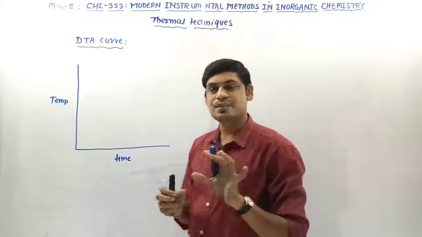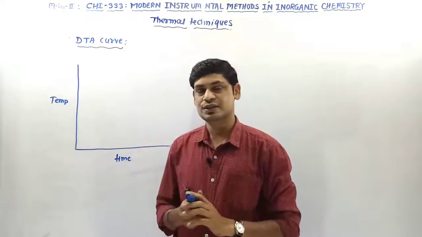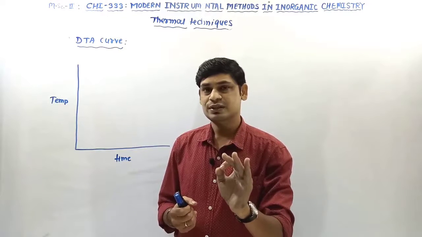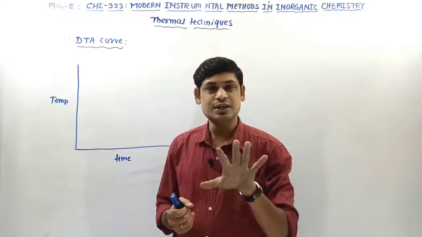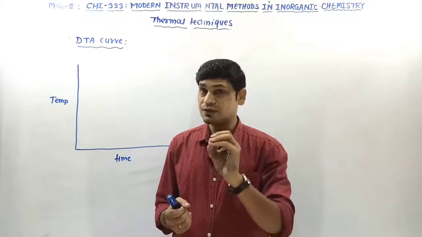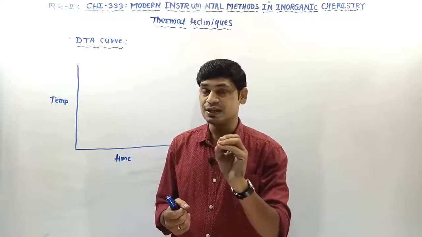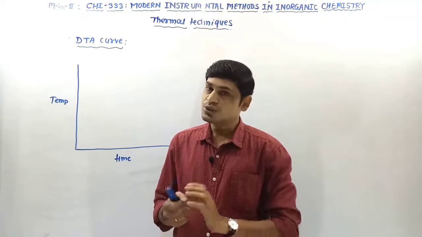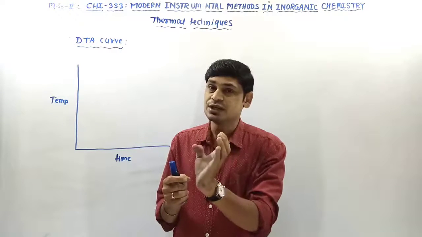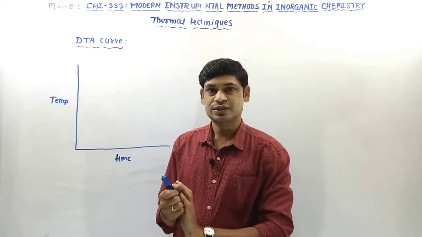We are heating the sample as well as the reference simultaneously. Obviously, our sample material is thermally less stable in comparison with the reference one. The reference material is stable at higher temperature also. So upon heating, the temperature of the reference material increases progressively.